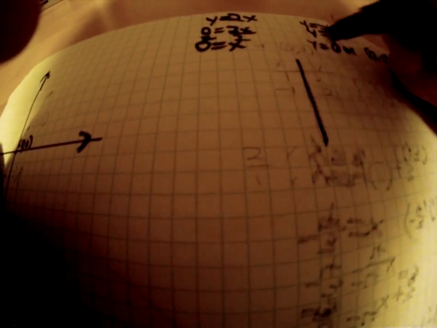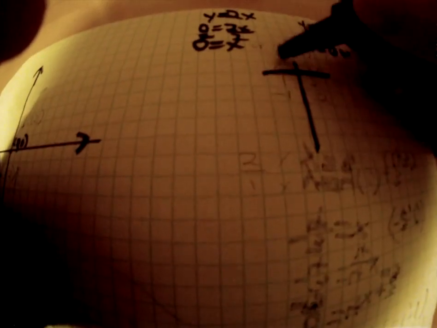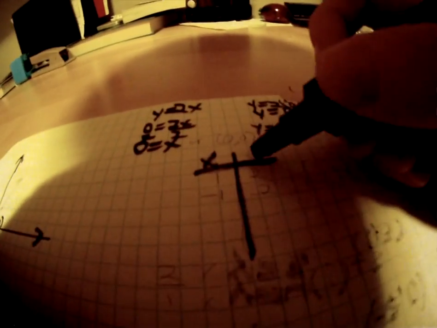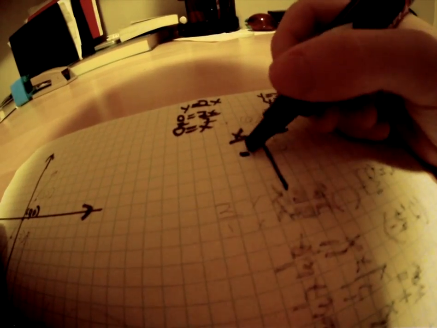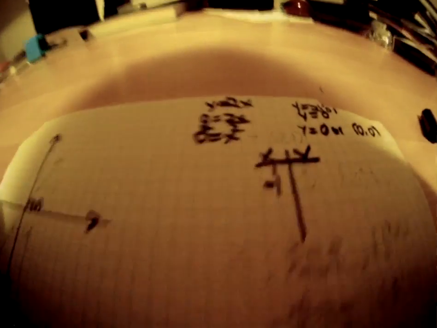And so now that we've got our intercepts, we can get a table of values going to find at least 2 other points. We could find an infinite number of other points we can plot, but we'll just plot 2 for today. And so that's our x and y, and let's plug in 1 and negative 1.